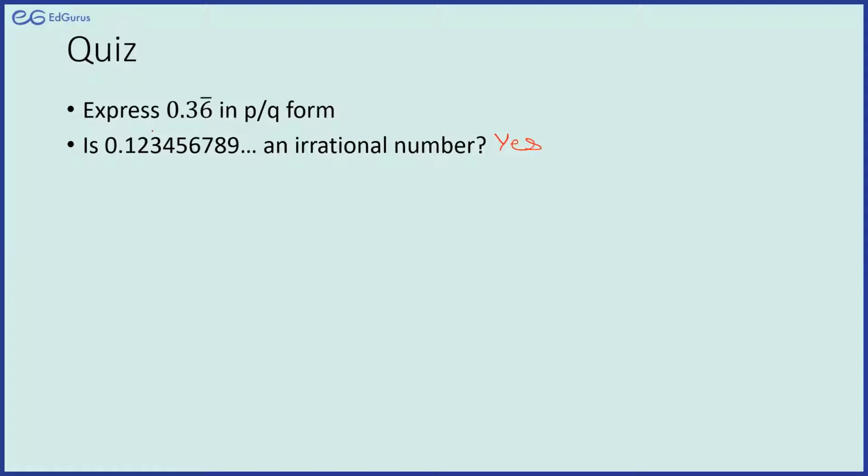Why? Because it is non-terminating. There are dots at the end and no digits are repeating. So it is non-terminating, non-recurring or non-repeating, right? So it is an irrational number.